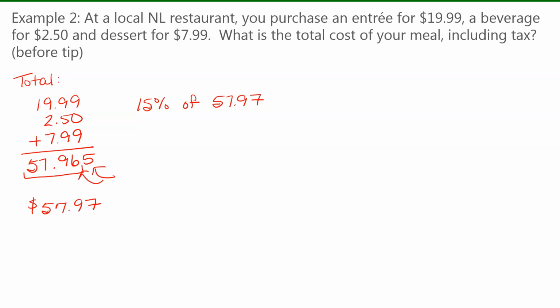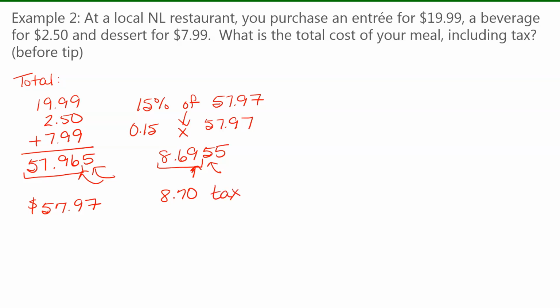So 15% as a decimal is 0.15. Of means multiply, so we would multiply there, and 57.97. When we use our calculators to do that, we get 8.6955. So again, we can only have 2 decimal places, and that 5 is going to make the number before it round up, so we get $8.70 in tax.